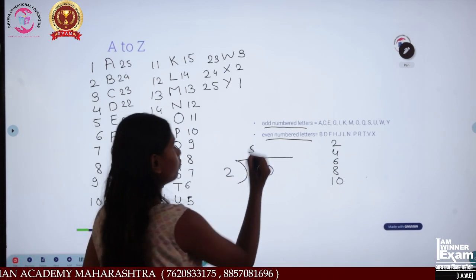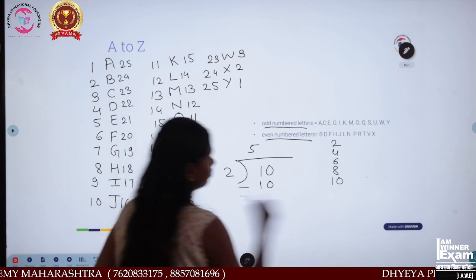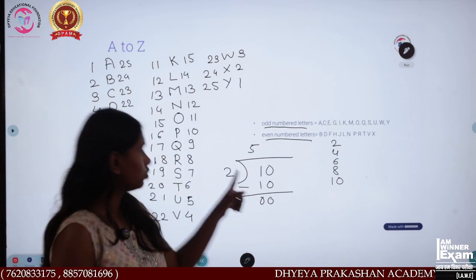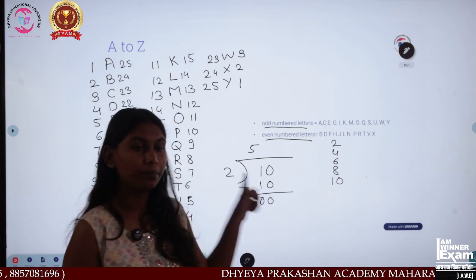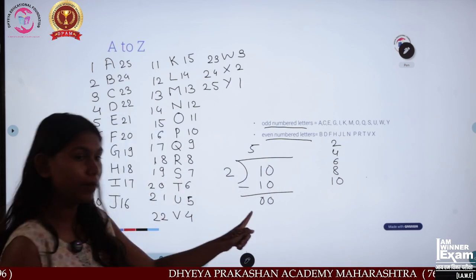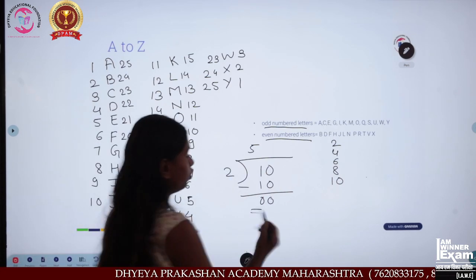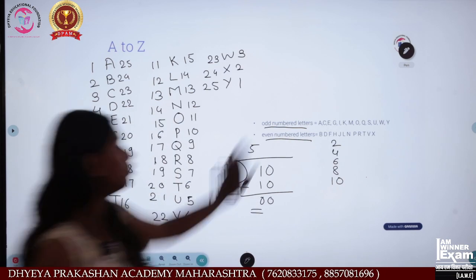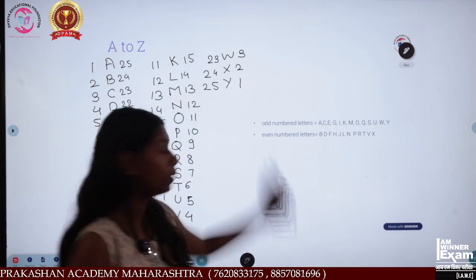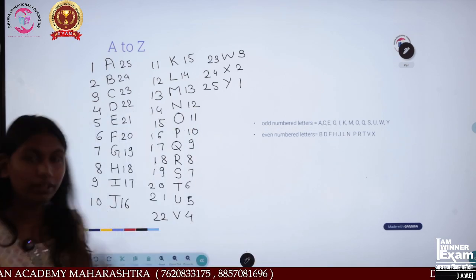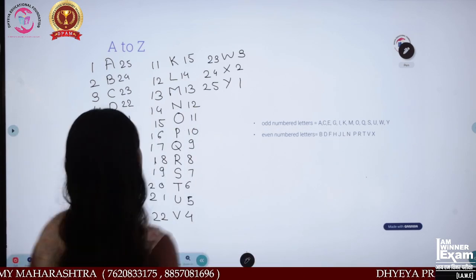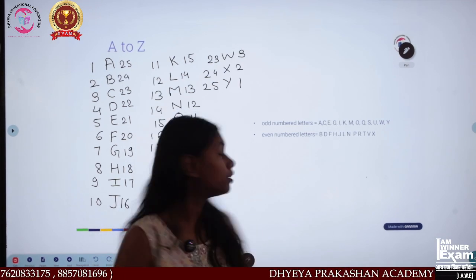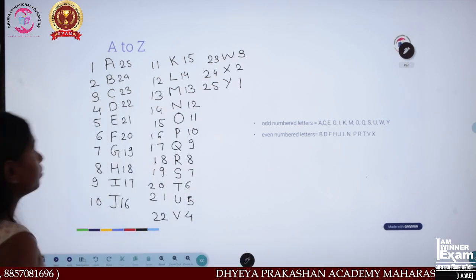So we divided 10 by 2, and what is the remainder? That is 0. That means the number 10 is divisible by 2, which means it is an even number, and the numbers which don't come in the 2's table, or which are not divisible by 2, are known as odd numbers.